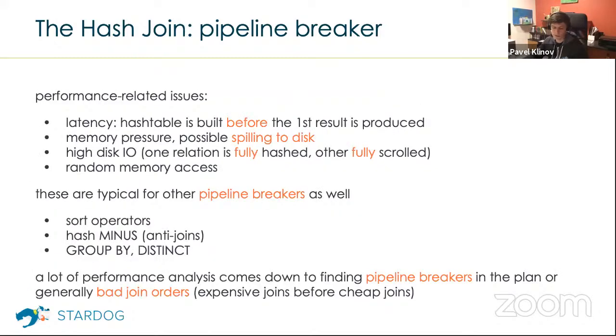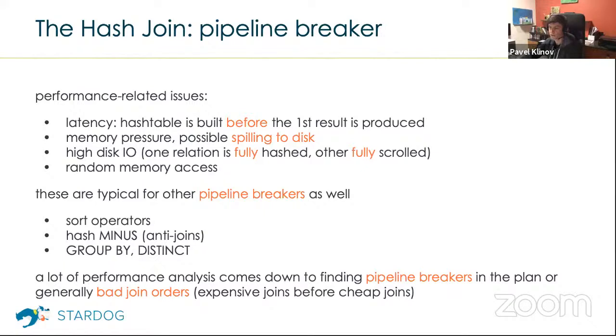So the reason it's called the pipeline breaker is because there is a delay while the hash table is being built and the pipeline doesn't do anything useful usually at that moment. So a lot of performance analysis and performance debugging comes down to finding pipeline breakers in the plan or the bad join orders with hash joins which result in those pipeline breakers.